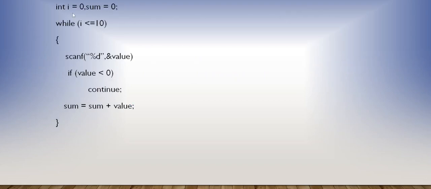This is one simple example. Here you can see value is less than 0, continue. That means this adds only positive values. You are reading the value, and if the value is less than 0, you are executing continue. That means you are bypassing the statement. What is the statement that is bypassed? Sum equal to sum plus value. That statement is bypassed.